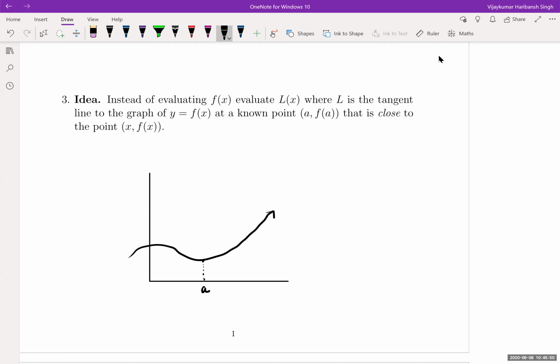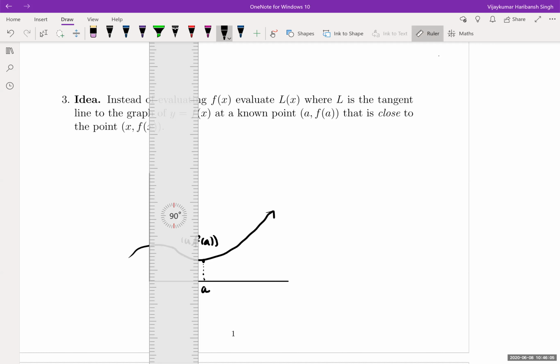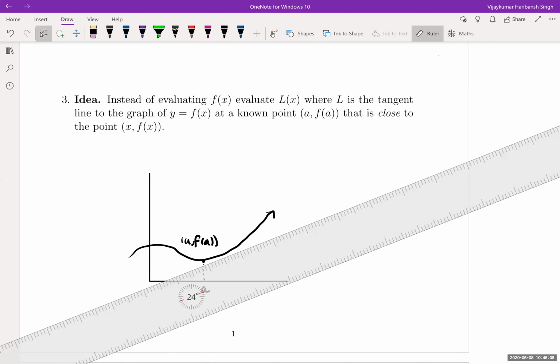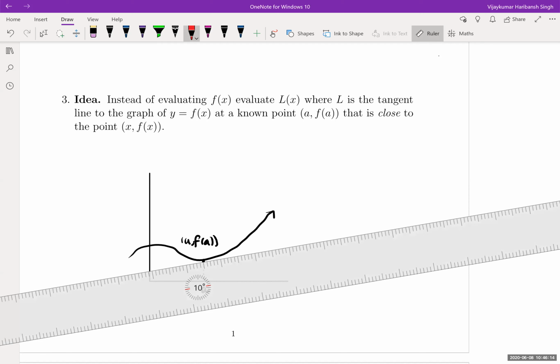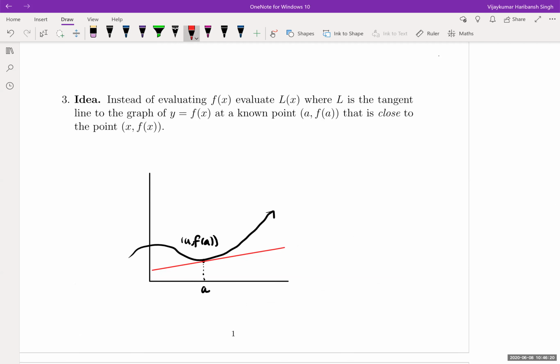Not only do you know the function value at a, you also know the tangent line equation at a. So at a, the point on your function is given by a comma f of a. And this is your tangent line.